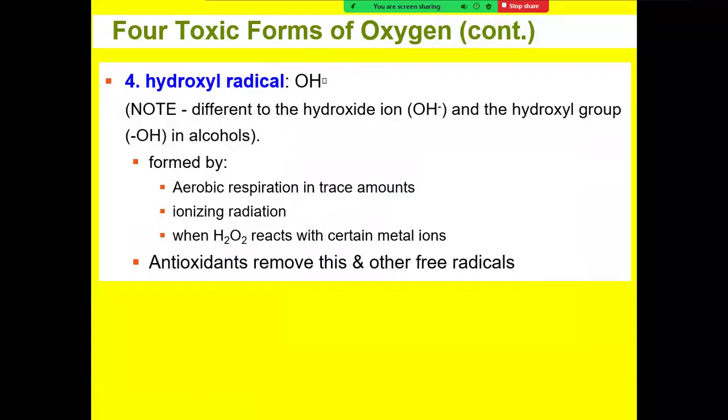If it were to bump into DNA, it could mutate the DNA just by stealing the electron from the DNA. So do note the hydroxyl radical is different from a hydroxide ion, that's OH with a -1 charge. And it's also different from the hydroxyl group, like an alcohol, in a carbon molecule, meaning a carbonic molecule.